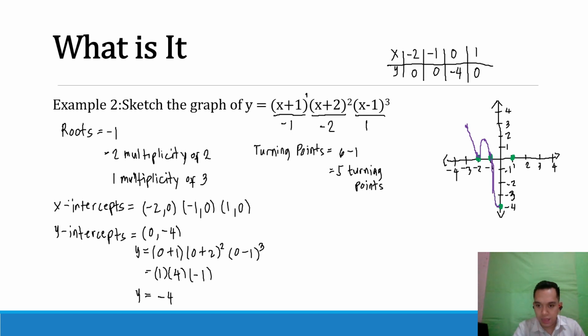Tapos, dadaan siya dito sa ating y-intercept na negative 4. Okay, pagkatapos sa ating y-intercept na negative 4. So, since to class, yung ating multiplicity dito ay 3, so lalagpas din siya sa ating x-axis dito. Lalagpas yan. Then, magkukorteng ganito siya class.